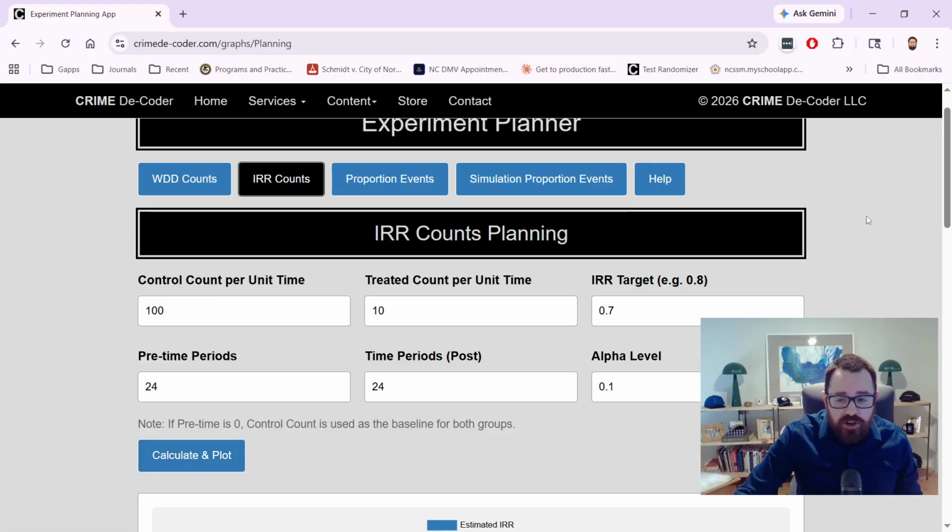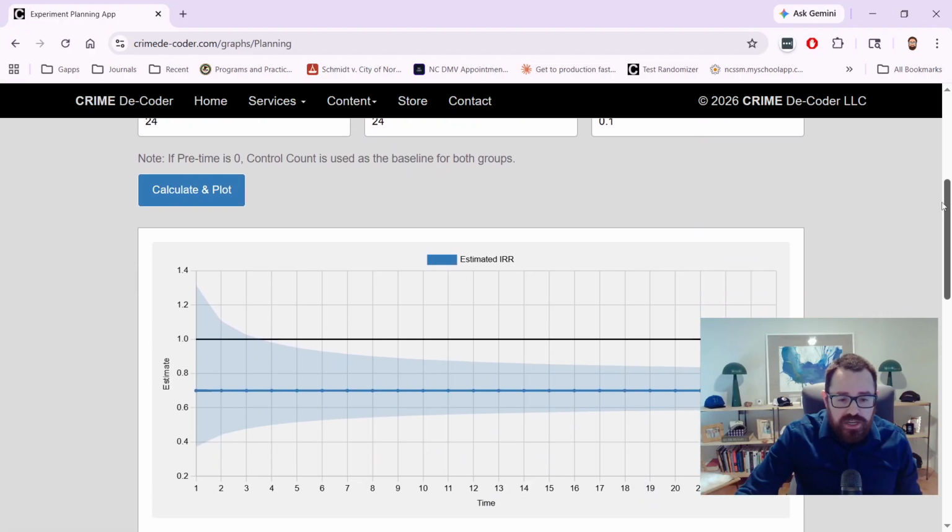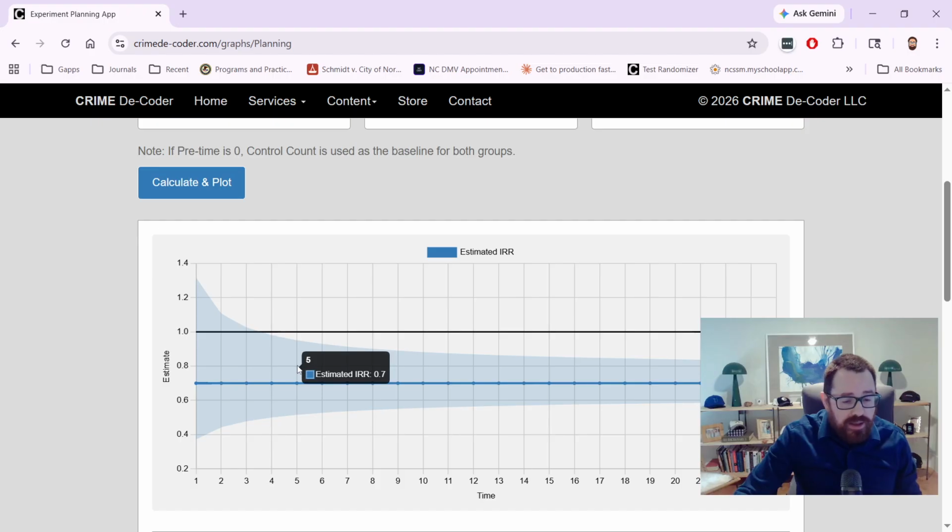You can hit calculate and plot after you've updated those estimates. You can see here that in this scenario, we only need to monitor this crime event for 4 months before our estimate doesn't cover 0.